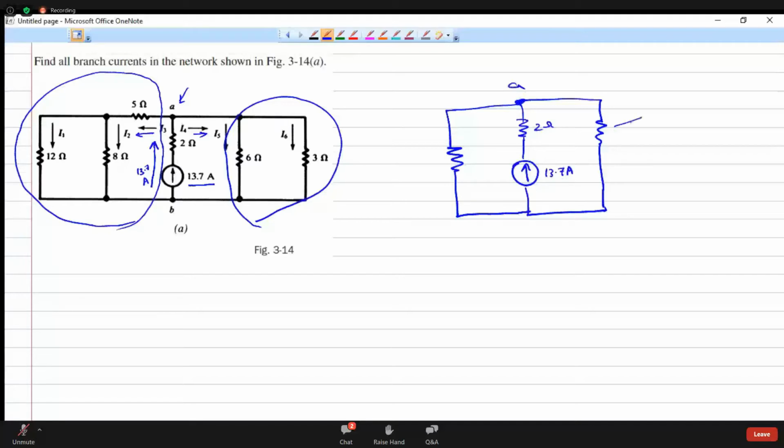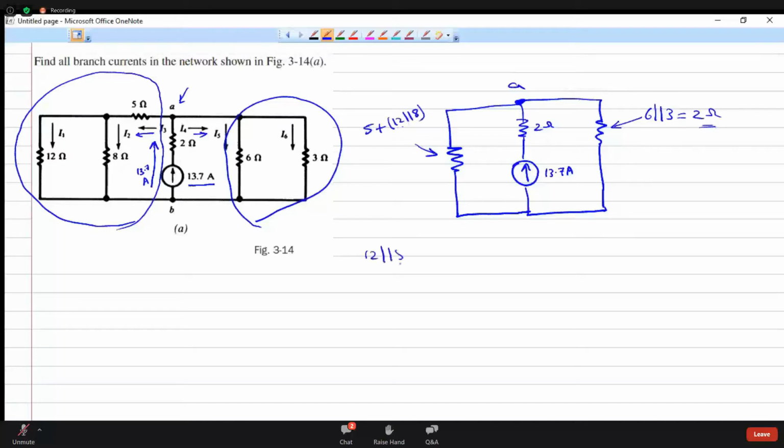2 ohm. Yeah, it will be 6 parallel 3, which is 3 into 6, 18, divided by 3 plus 6, which is 9, so that is equal to 2 ohm. What about here? That is 5 in series with the parallel combination of 12 and 8.